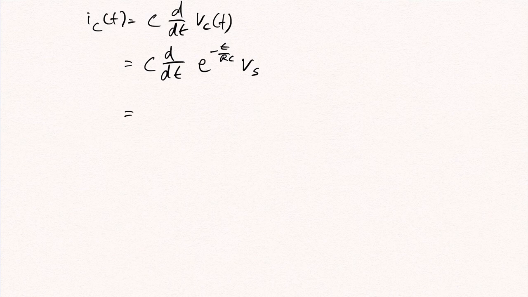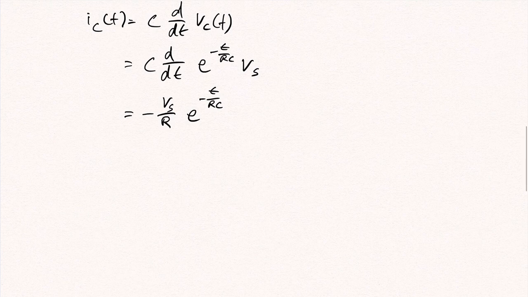Then we can see that IC is equal to minus Vs divided by R, e to the power of minus t over RC.